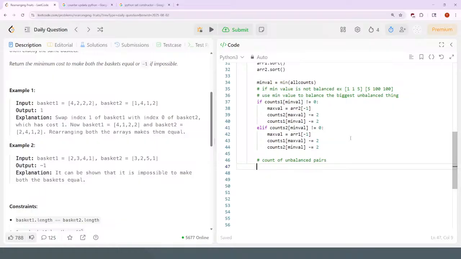Count of remaining pairs would be, let's say it's maybe p, for every value in my all counts, p plus equals, let's say counts 1 of this value divided by 2.